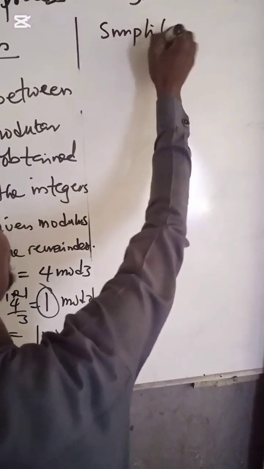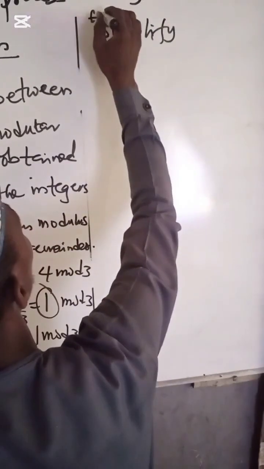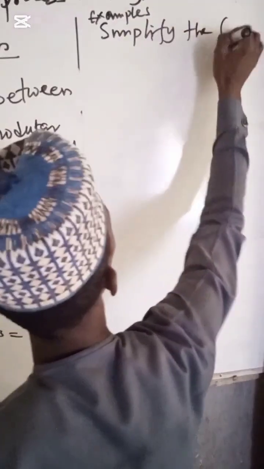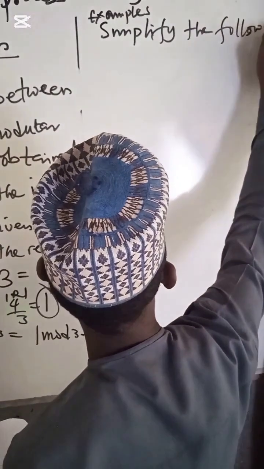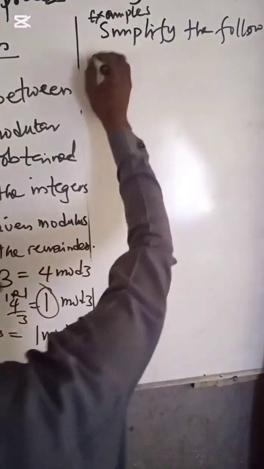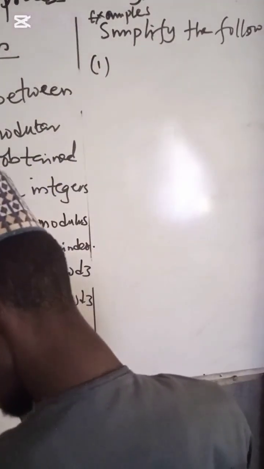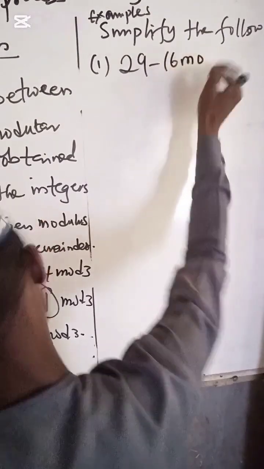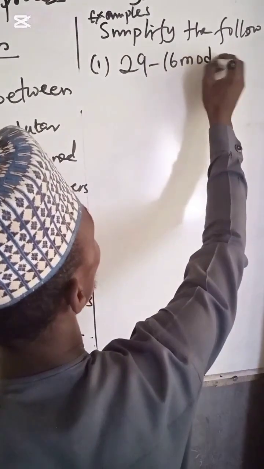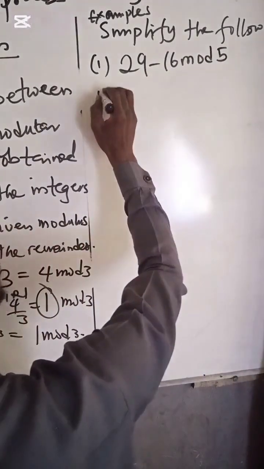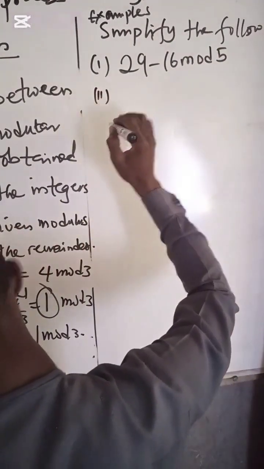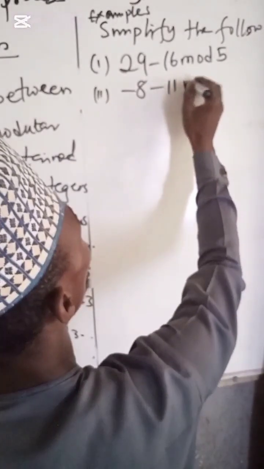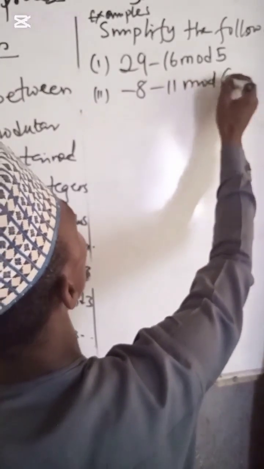Simplify the following. We have 29 minus 16 modulus 5. Then question 2, we have a beautiful question, minus 8 minus 11 mod 6.